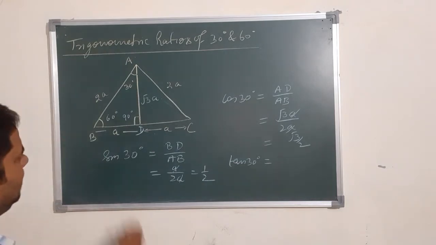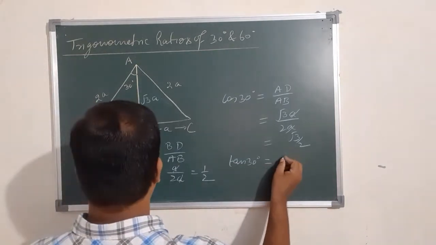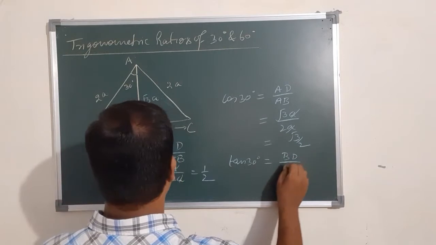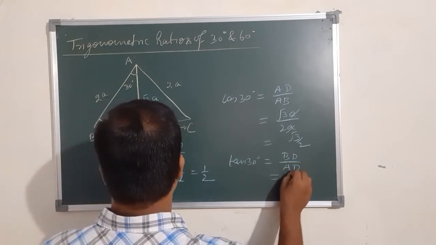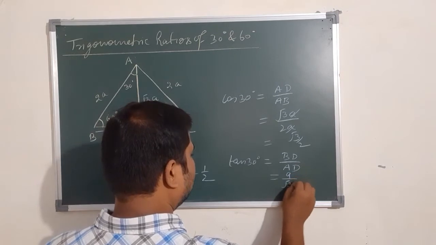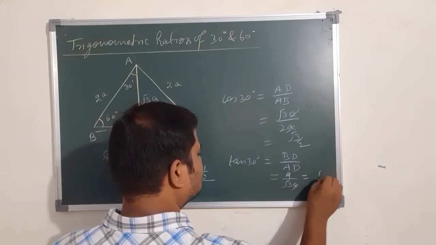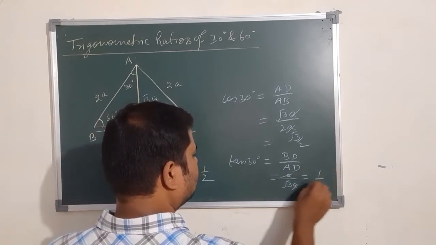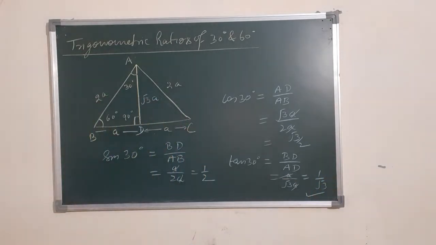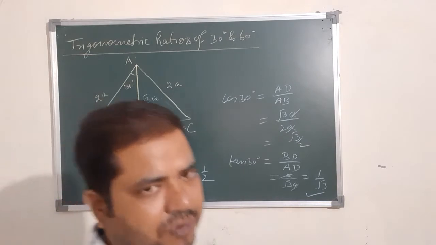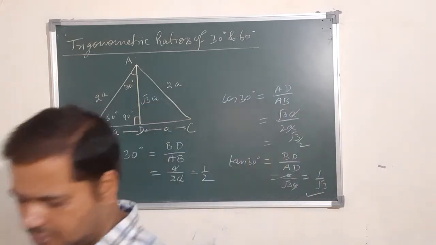So the perpendicular here is A, that means BD upon AD, this is A upon root 3A, A cancels out, so this is 1 by root 3. So this is tan 30. Similarly, others you have to find. So note it down.